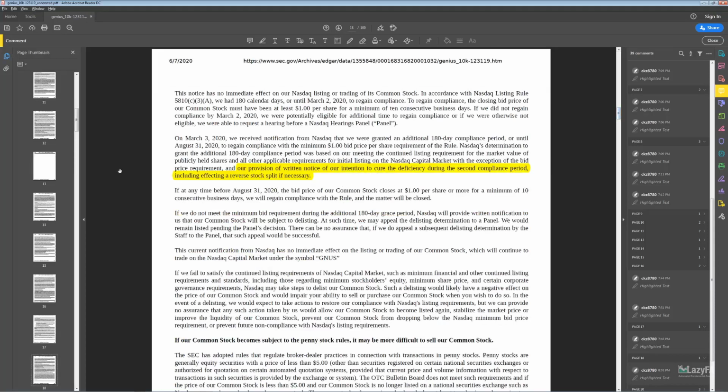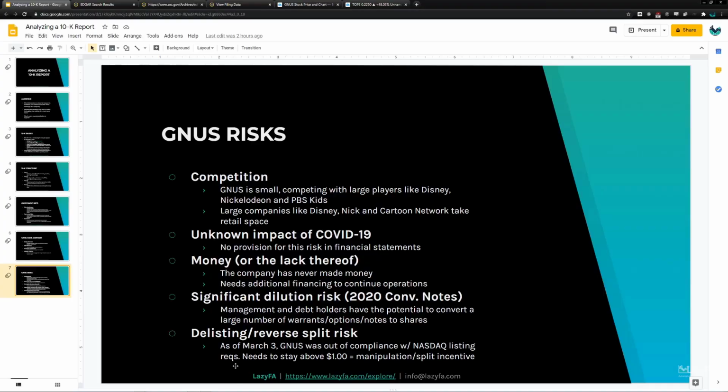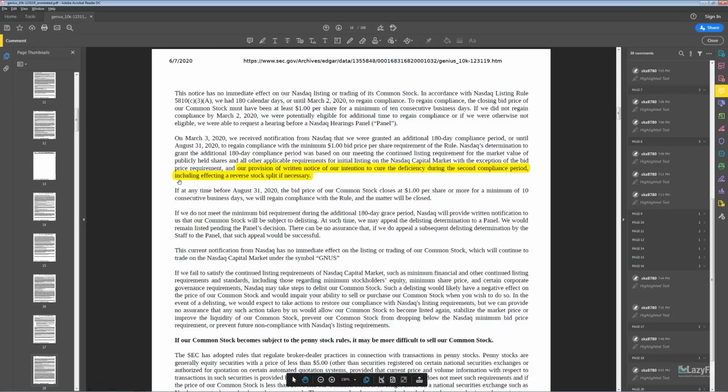What was this one? So this is what I pointed out in the risk slide here about the reverse split risk. They had said this was about receiving notification from NASDAQ that they were out of compliance, and then they got an additional 180-day compliance period until August 31st, based on their provision of a written notice of our intention to cure the deficiency during the second compliance period.